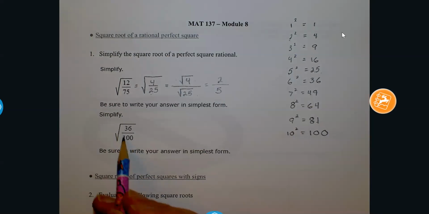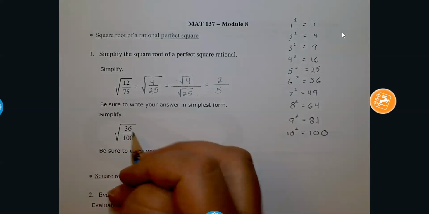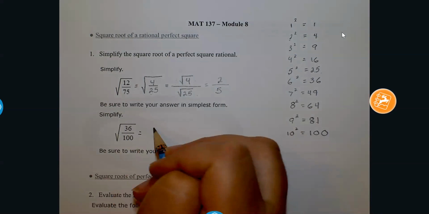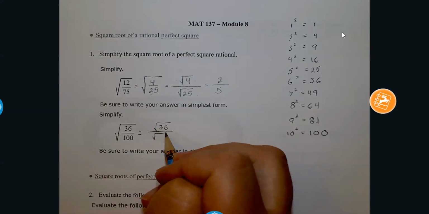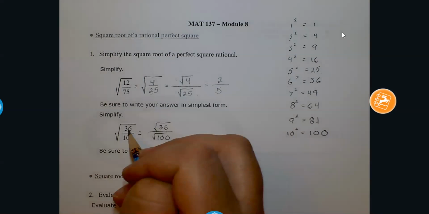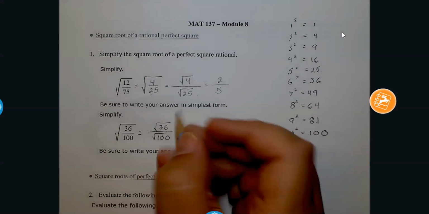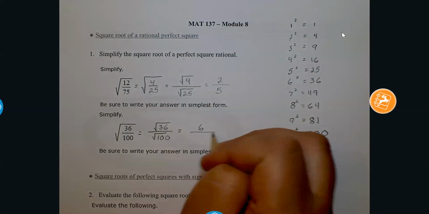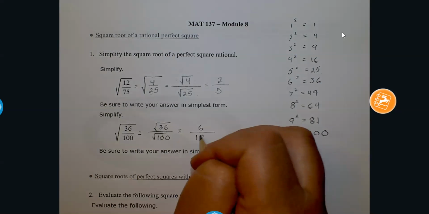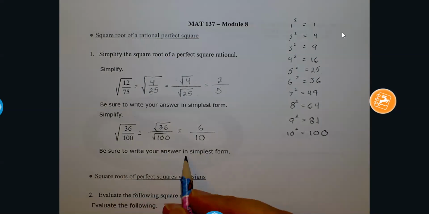Down here, we have the square root of 36 over 100. We can simplify this first, or we can just break it up into the square root of 36 over the square root of 100, because 36 and 100 are both perfect squares. The square root of 36 is 6, and the square root of 100 is 10. But we are not done because we have to write it in simplest form.